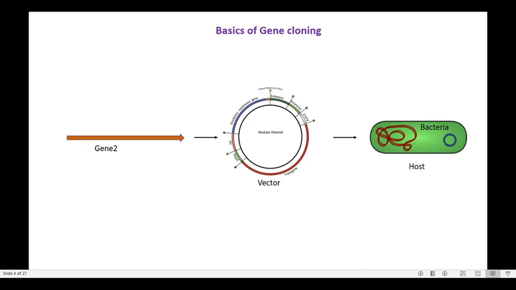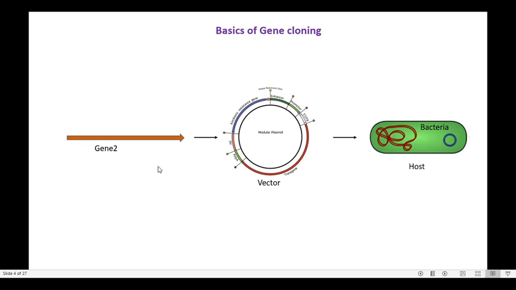So there are a few more questions. How is this gene 2 made ready to insert into this vector, because we have to do some more things to make it ready so that it can be inserted into the vector? What are those steps, and how is the vector made ready to accept this insert?